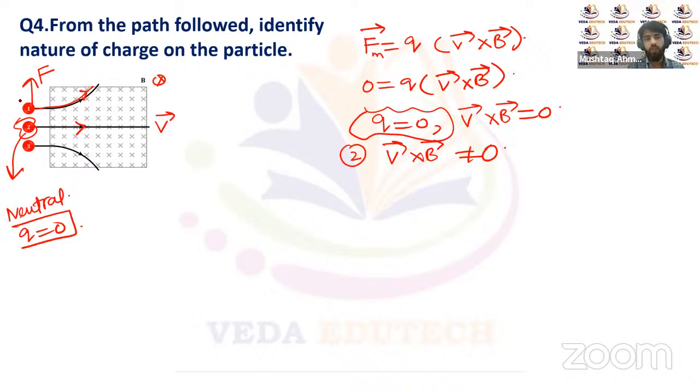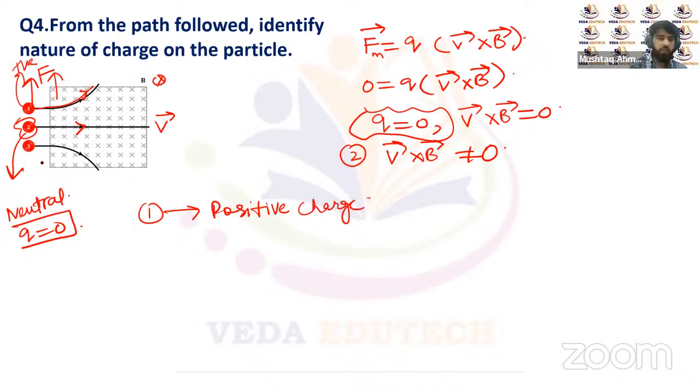If we calculate the direction of the magnetic force, that will be given by V cross B, and V cross B is also along this direction. So V cross B is along the direction of the magnetic force. It means that the charge on this particle has to be a positive charge. So we can say that the charge on the first particle is positive.